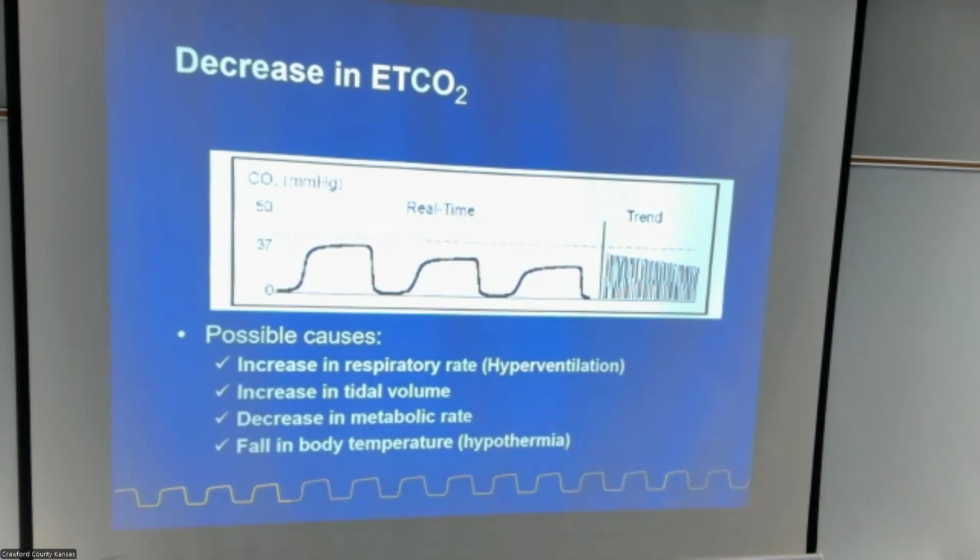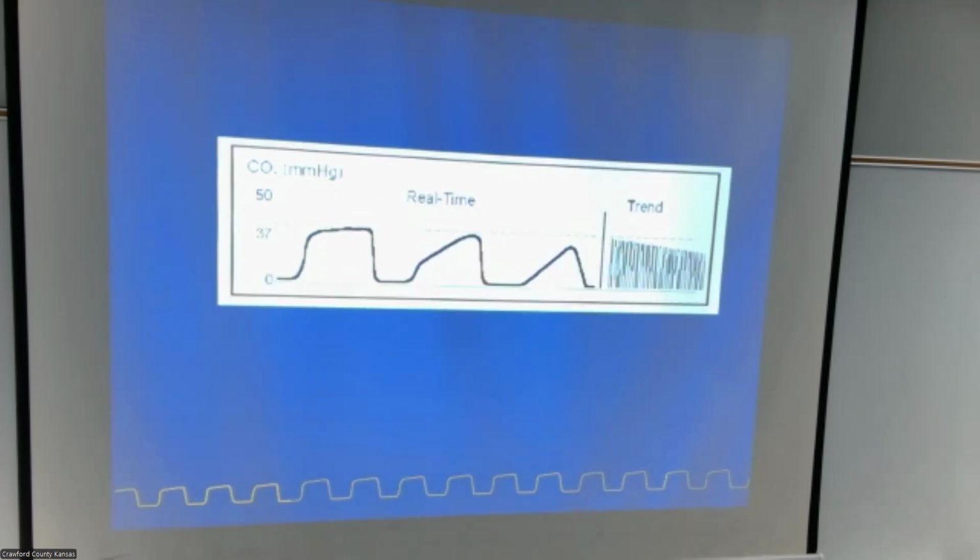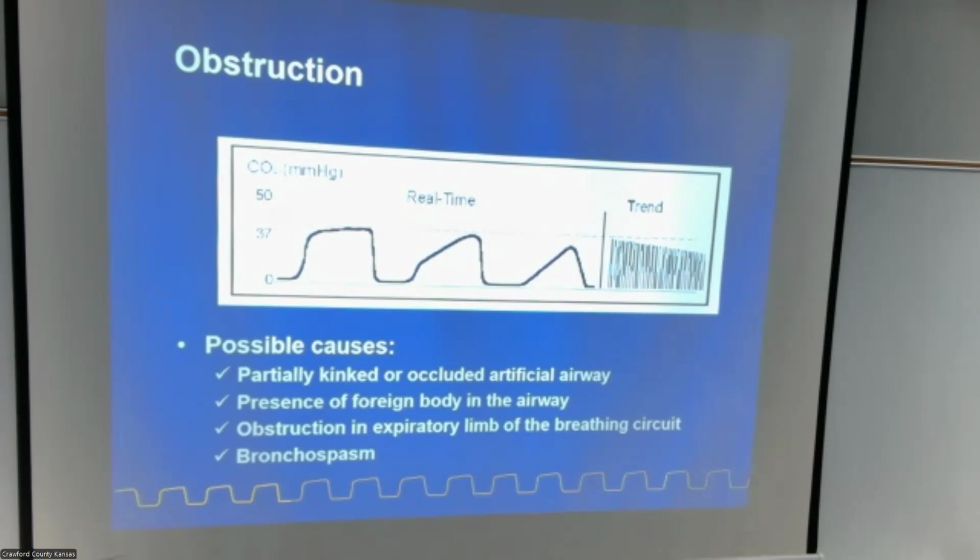Increased tidal volume could do it. Decreased metabolic rate, I would say, is what's going on here, or a fall in body temperature. Correction. Once again, kinked tube, foreign body in the airway.